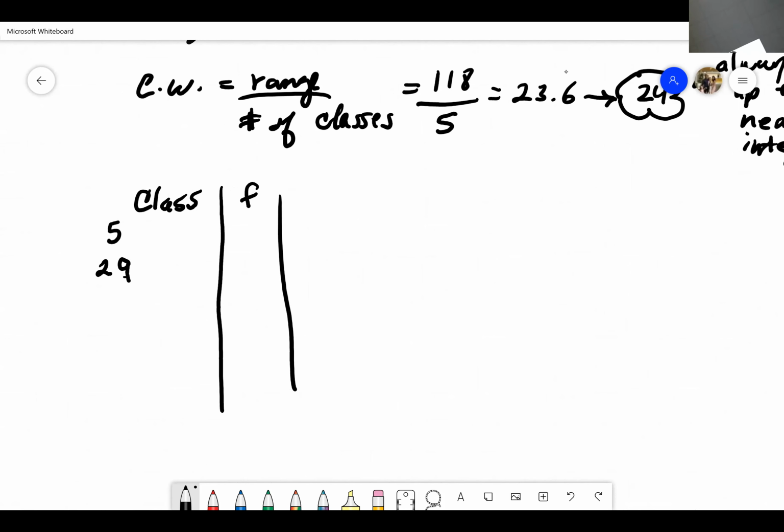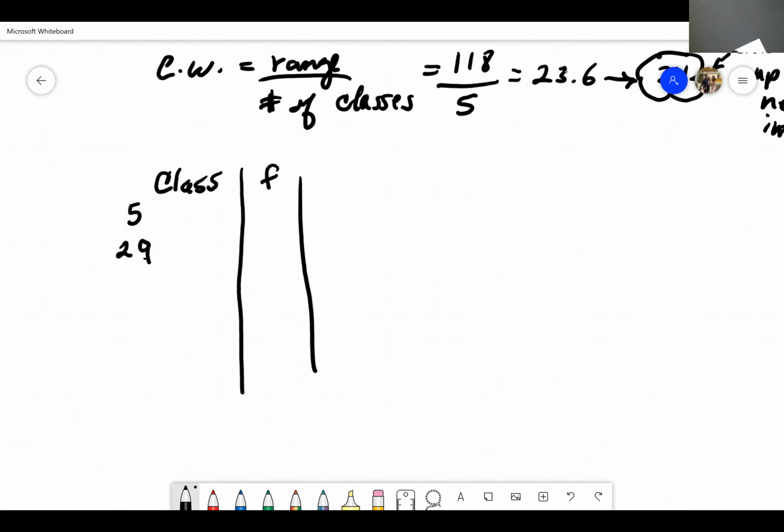What's 29 plus 24? 53. What's 53 plus 24? 77. What's 77 plus 24? 101. So we got our lower class limits there.